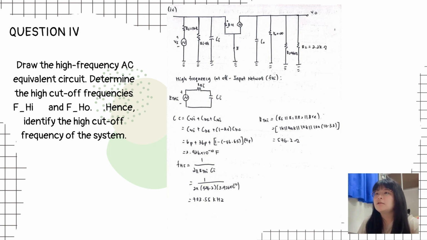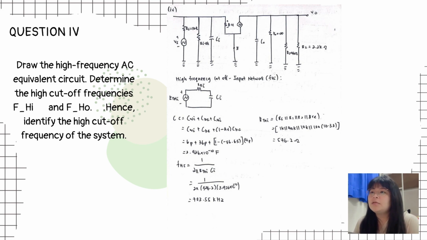After that, we need to calculate the high frequency cut-off of the input network, which is FHI, and we have to simplify the circuit so that we can find the value of Ci, which is equal to Cwi plus Cbe plus C Miller i. The formula for C Miller i is 1 minus Av times Cbc.